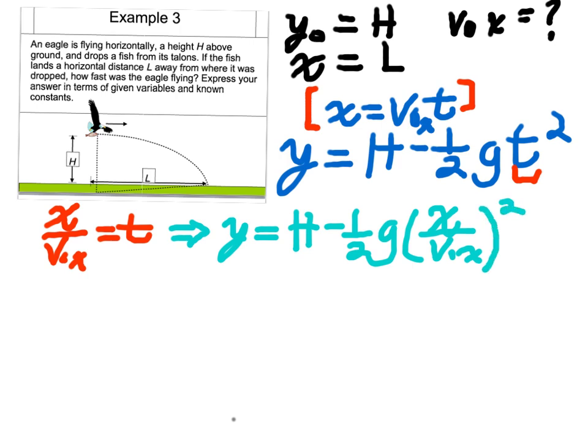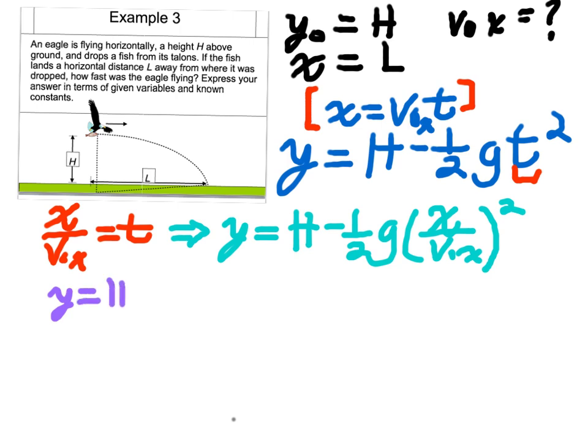Alright, now I solve for v naught x. Not necessarily the easiest thing in the world to do, but I do it. If you had trouble getting this far, why don't you try solving for v naught x now? Pause the video, come back for more. Alright, now I'm solving for v naught x. Let's go ahead and square everything in that parentheses.